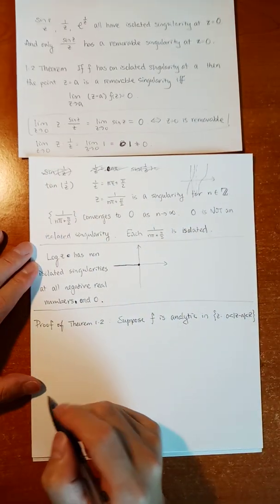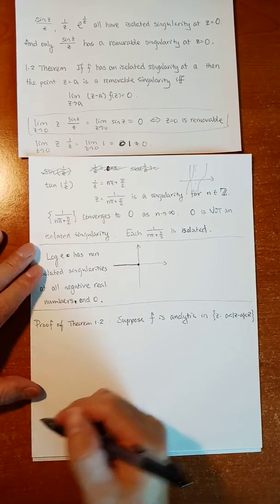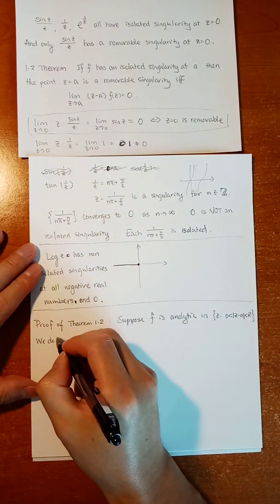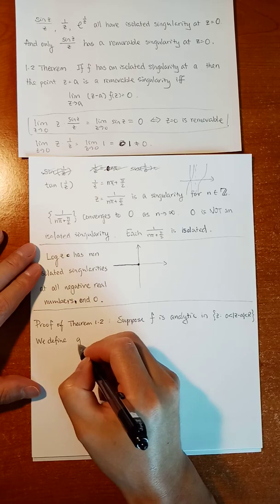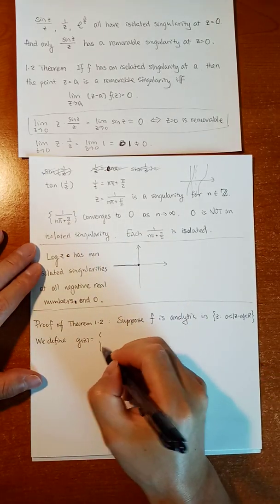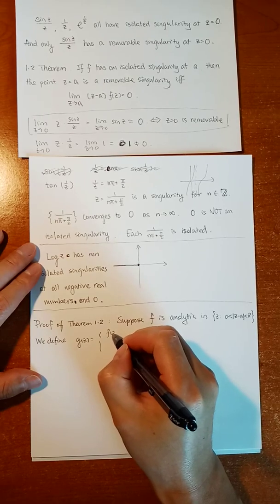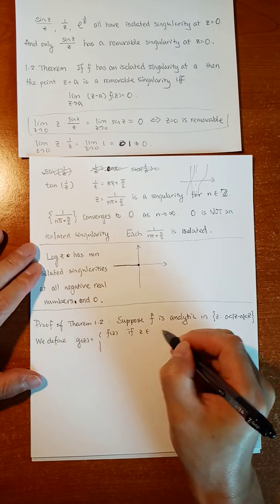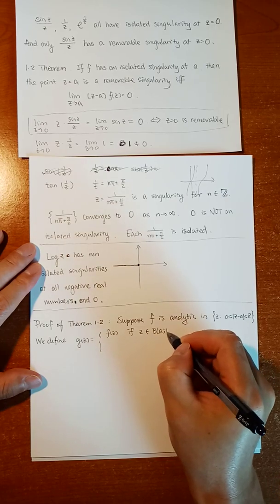It's analytic in the punctured open disk, and we define the extension, not the extension of f, but g of z. We define the extension g of z equal to f of z if z belongs to this punctured open disk.